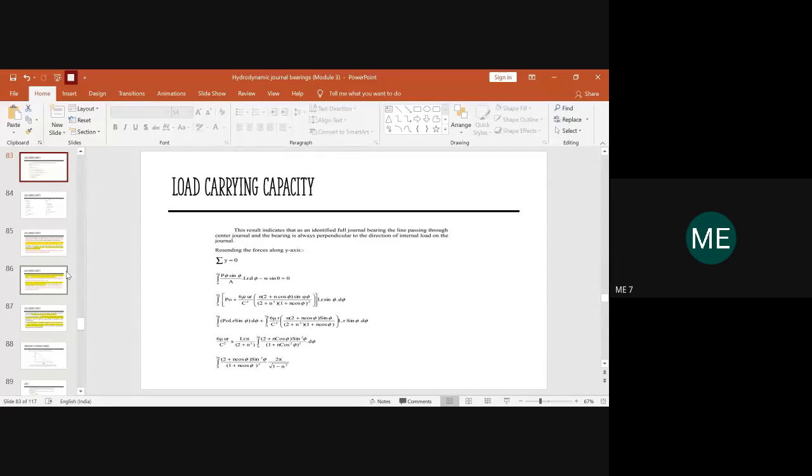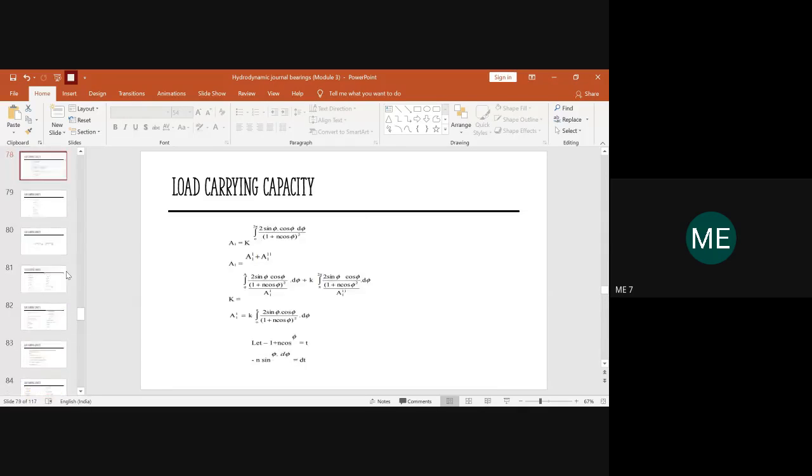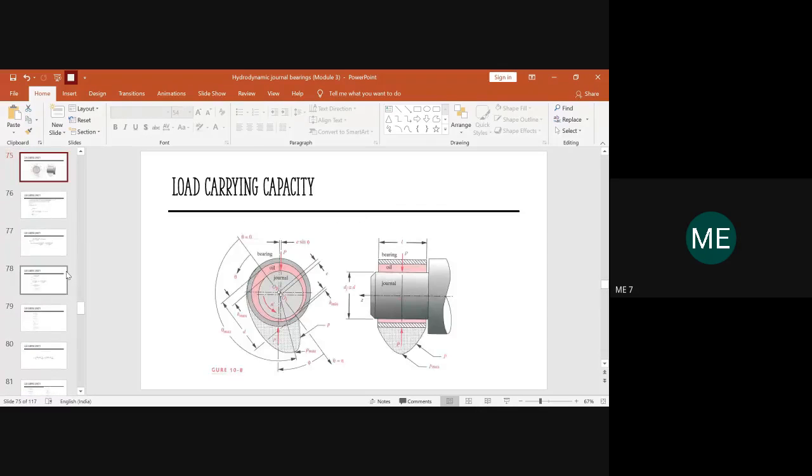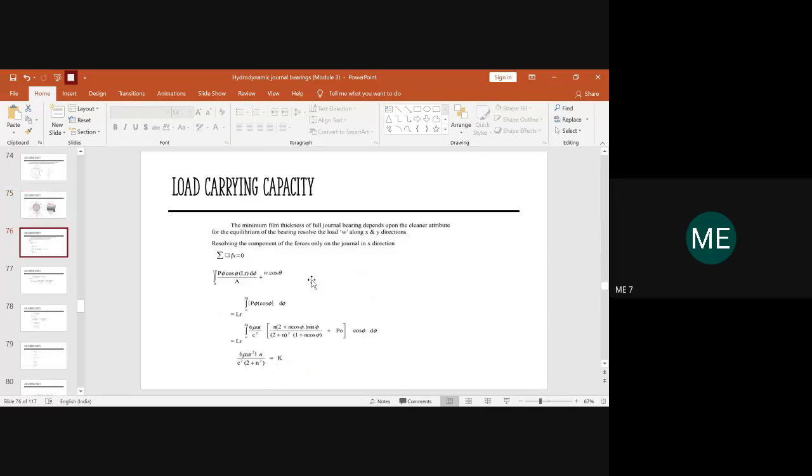Derivation usually won't be asked in the examination, but you should know its significance. It is a huge derivation. We usually take the summation of the forces along the x as well as the y-axis, with respect to the direction in which the load is subjected across the journal bearing. And finally, the equation for the load carrying capacity will be derived.